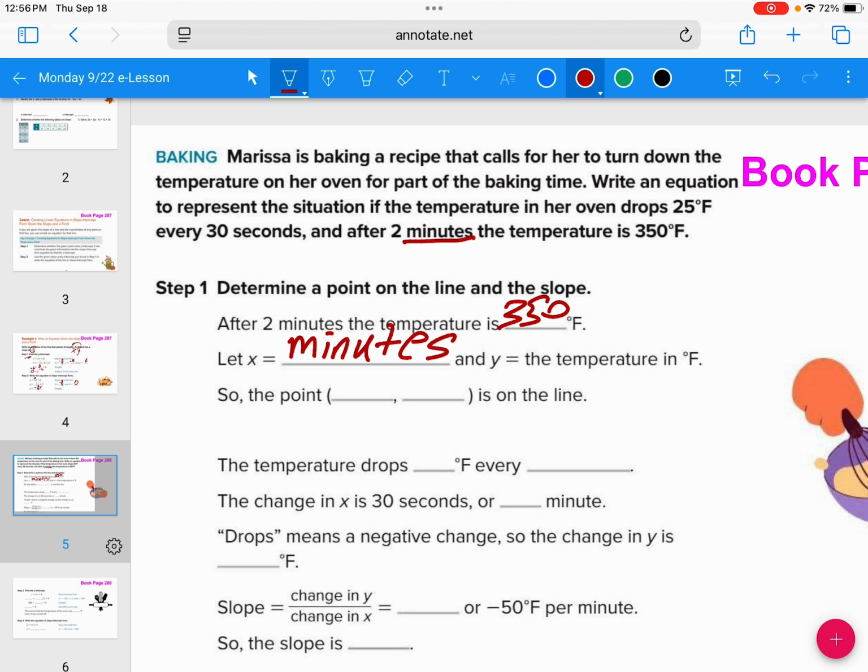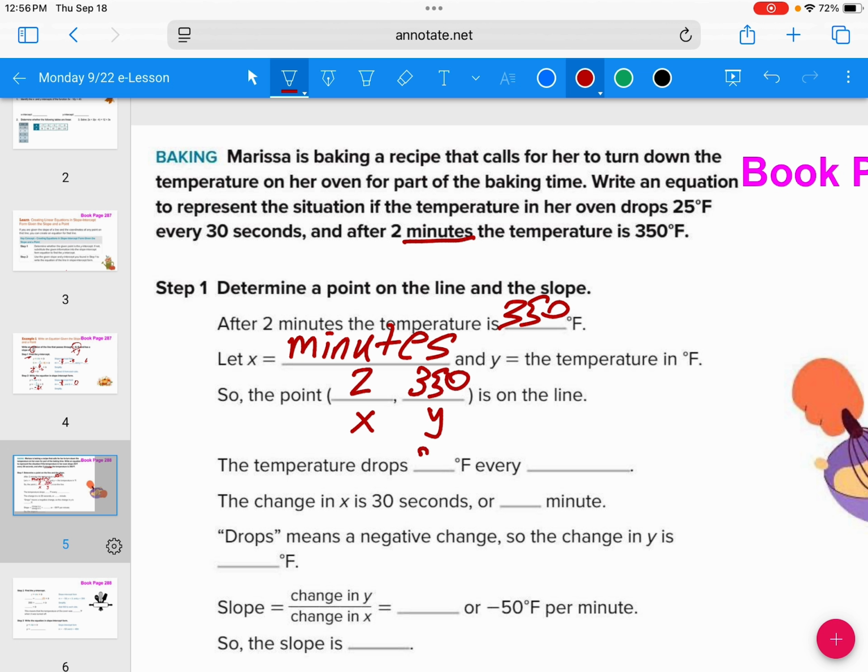So the point, okay, I see. After 2 minutes, the temperature is 350. So that tells us that (2, 350) is on the line.